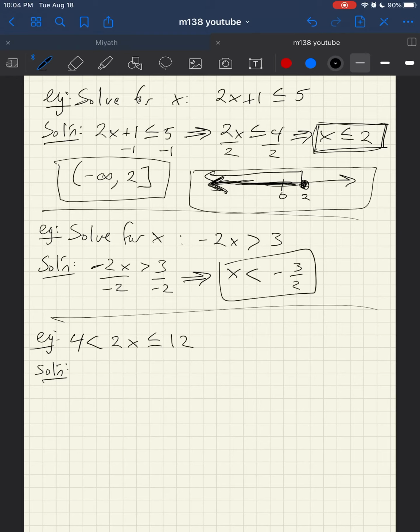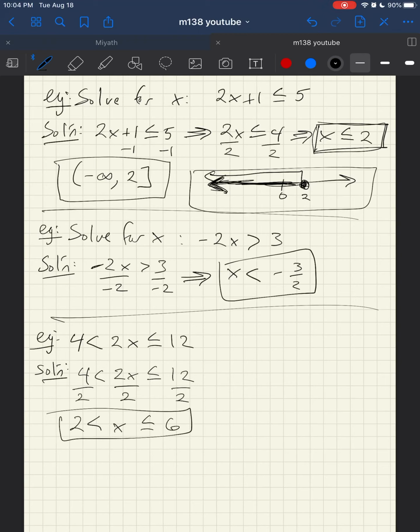In this case, I can work with both inequalities, because this is actually two inequalities written on one line. I can work with both at the same time. I'll divide all parts of the inequality by 2, and I get 2 is strictly less than x, which is less than or equal to 6.